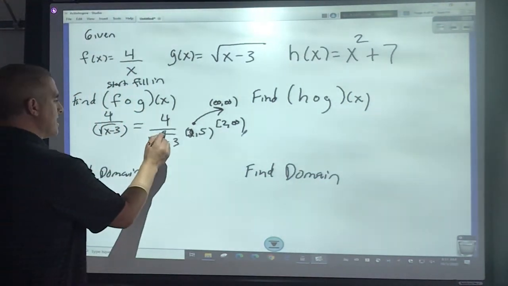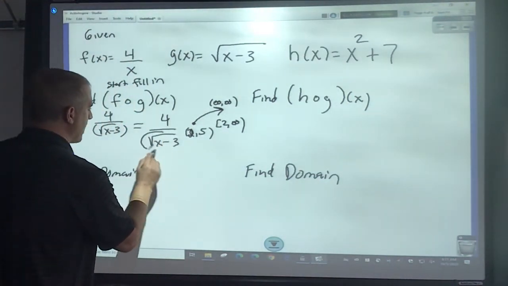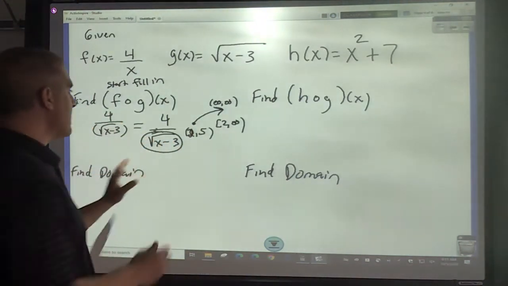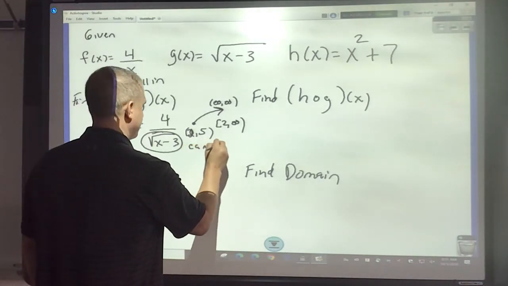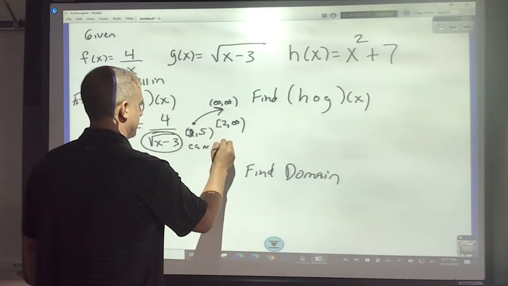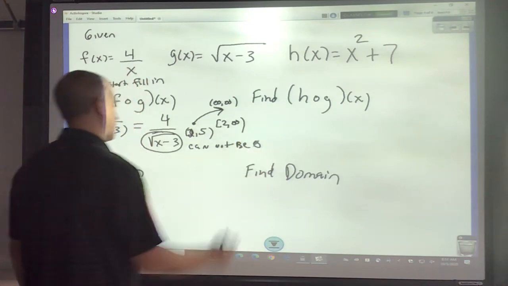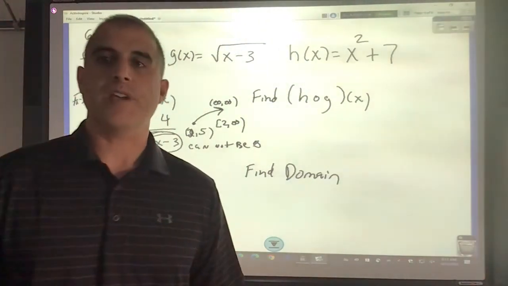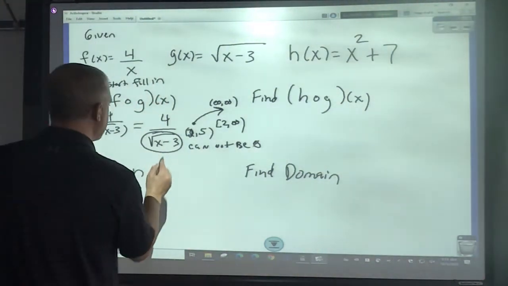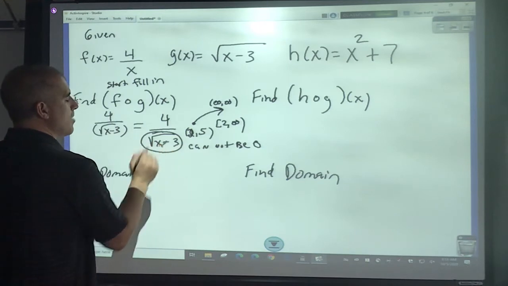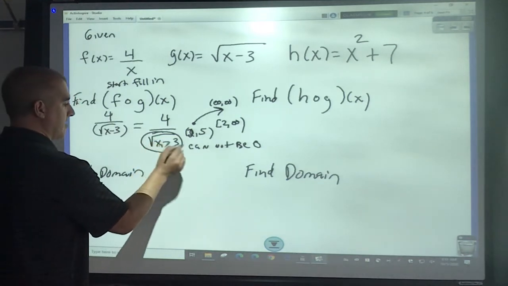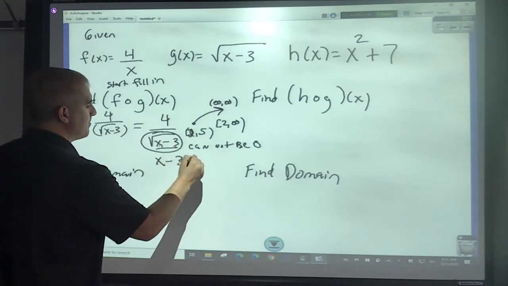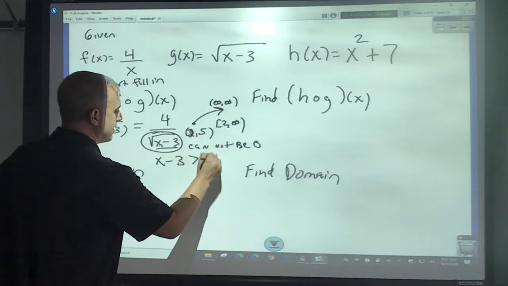We understand that when I have a fraction, underneath the fraction cannot be 0. What that means is, when you have a square root under the denominator, this interior part has to be greater than 0.